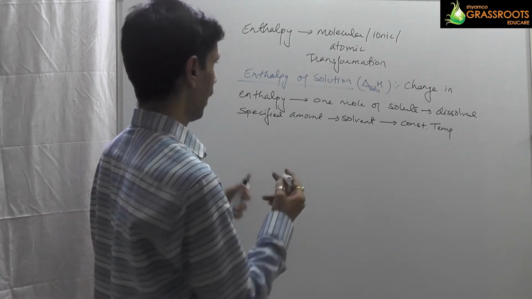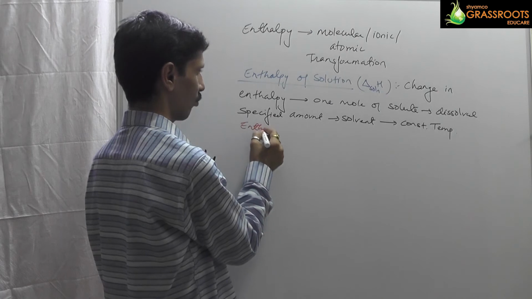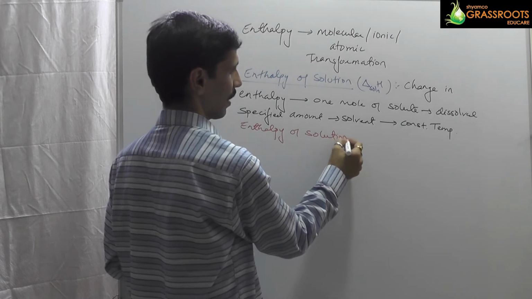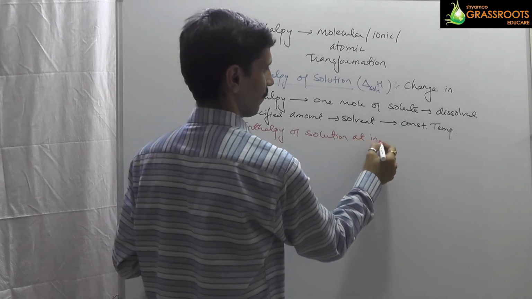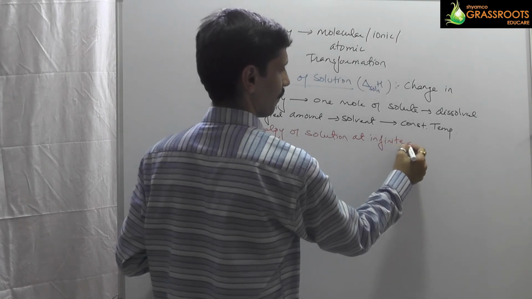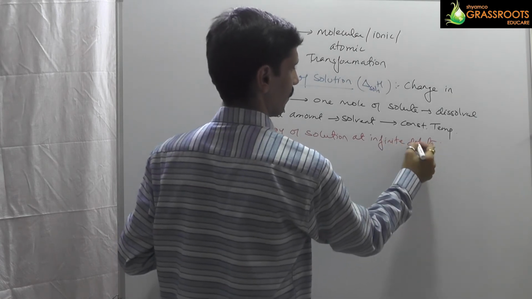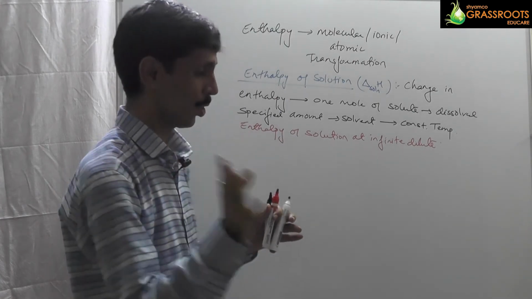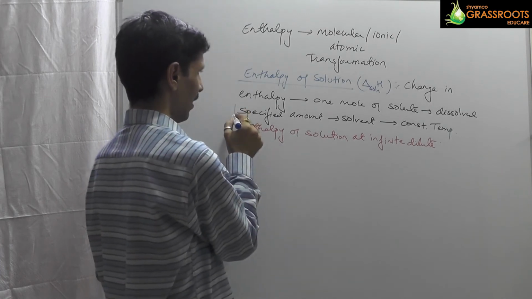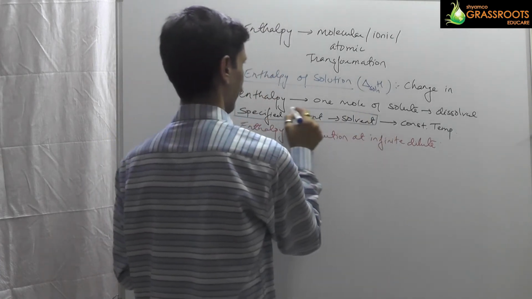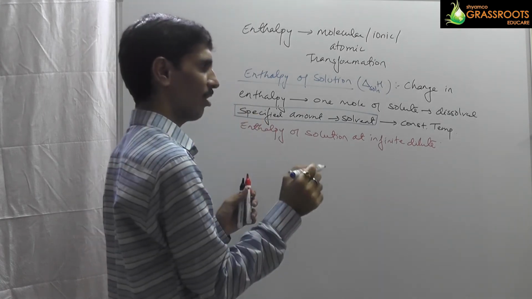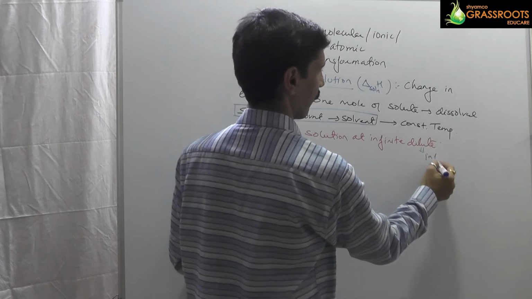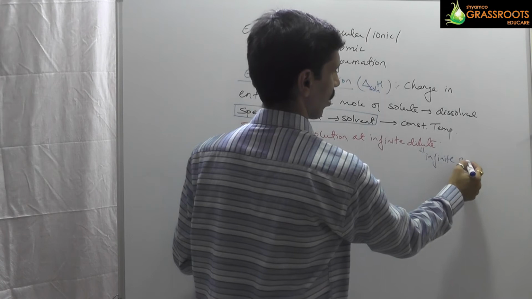हमारे पास एक और टर्म है, and that is enthalpy of solution at infinite dilution. So everything else remains the same. Only thing is कि ये जो लिखा है ना, specified amount of the solvent, सिर्फ उसी को चेंज करके यहां पर हमें उसको क्या मेंशन करने का है कि in infinite amount of the solvent.